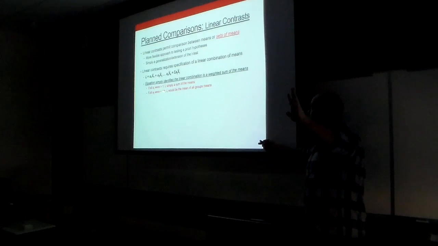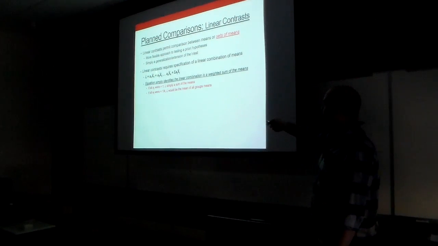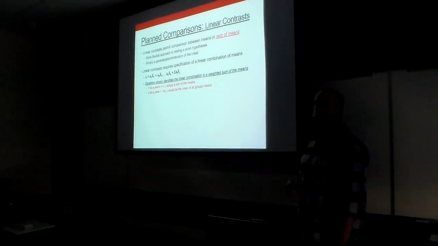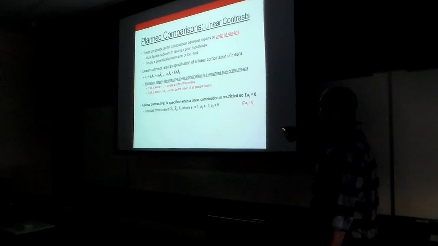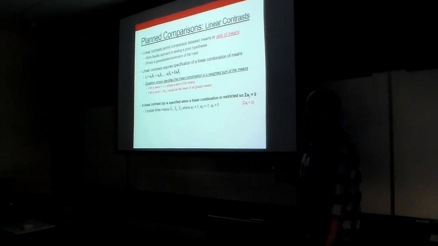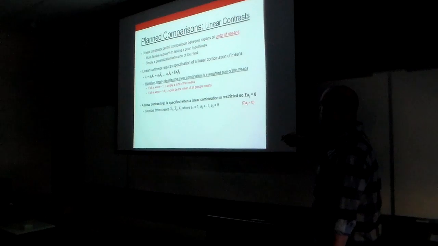If I set my weights to 1/5, so I have 1/5 times mean 1, 1/5 times mean 2, 1/5 times mean 3, and so on, what I end up with is the mean of all group means. Basically, I've summed everything together and divided it by 5. Okay. So this is just a general linear contrast here.